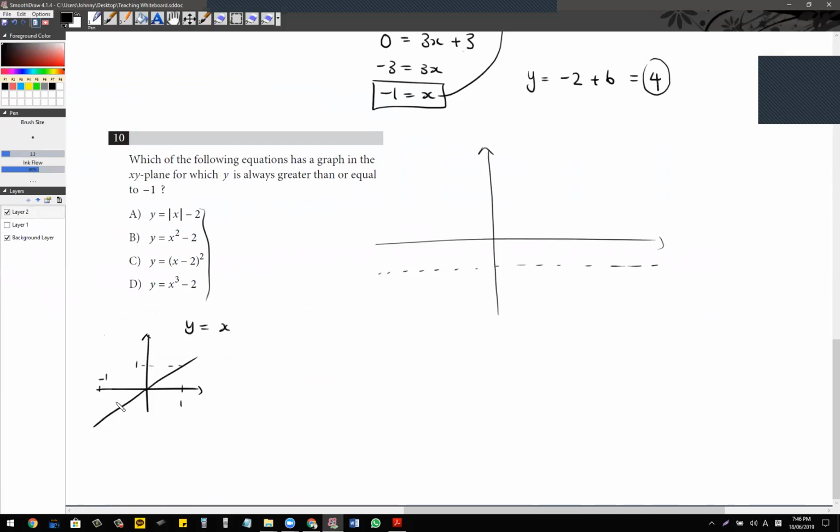If x is negative 1, you get negative 1 here as well. But if you have y equals the absolute value of x, then you're having this, because it's always positive. If x is negative 1, y is positive 1.